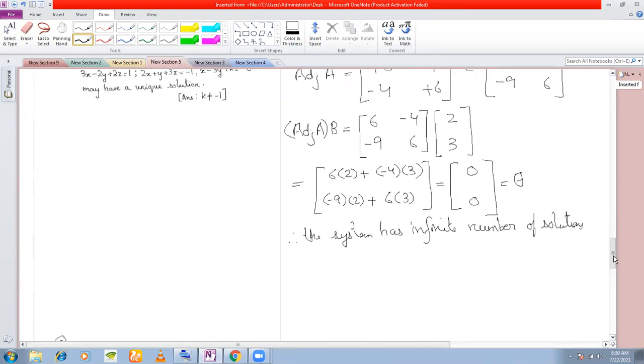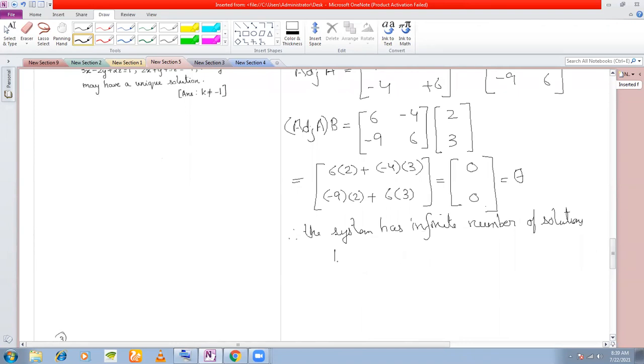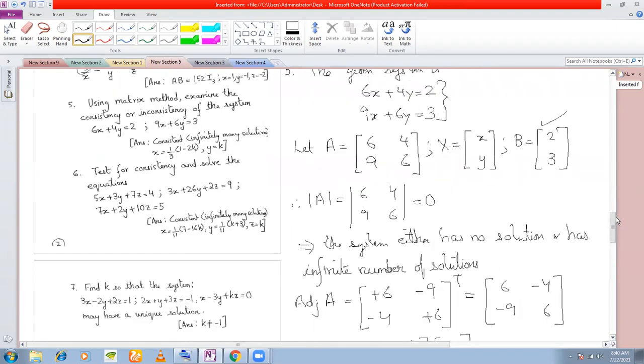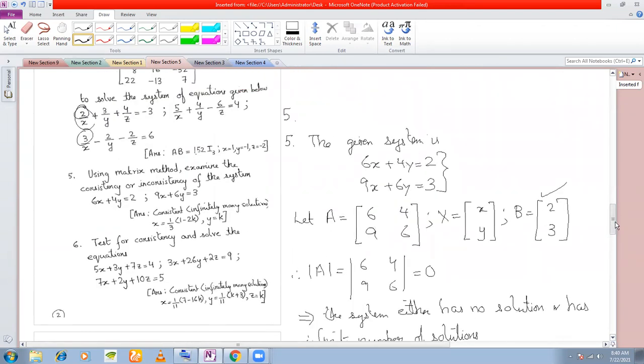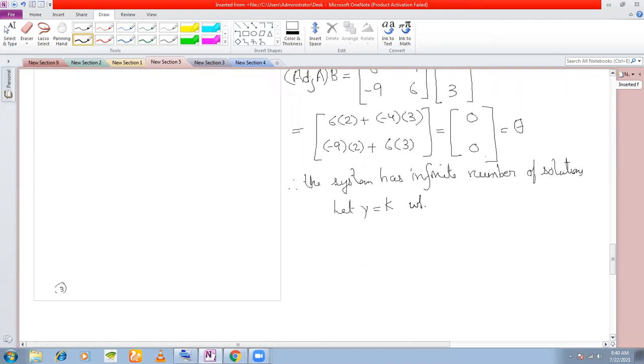Okay, so what you do here is, you can take y is equal to k, where k is any real number. If you take y is equal to k, what does this system become? 6x plus 4k is equal to 2, and you have 9x plus 6k is equal to 3.